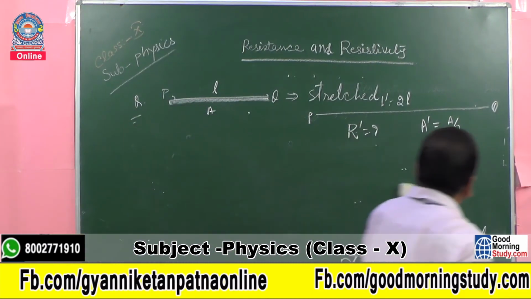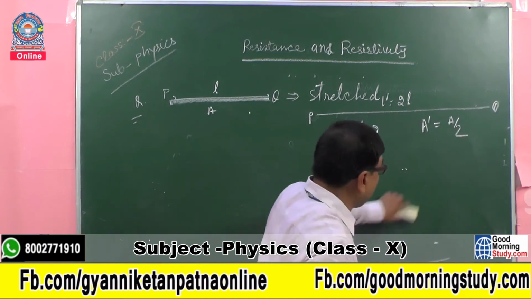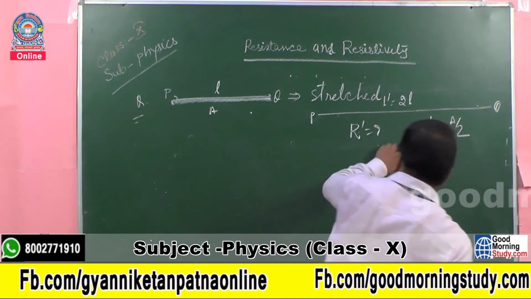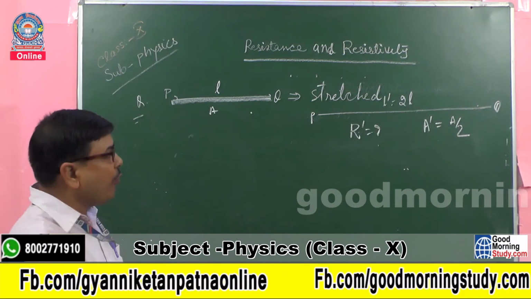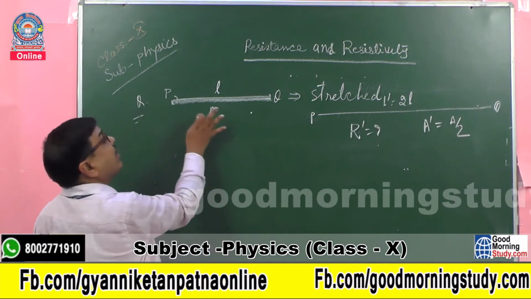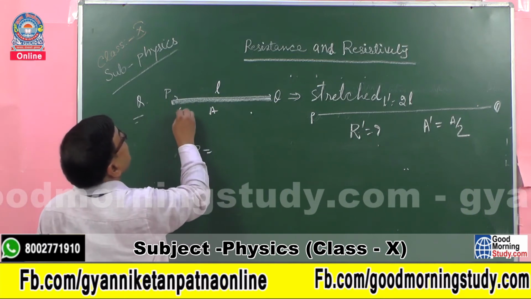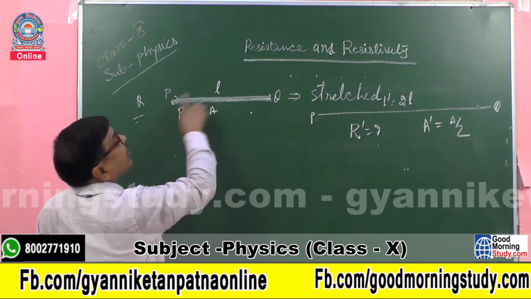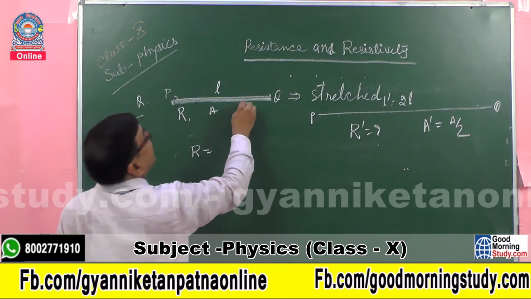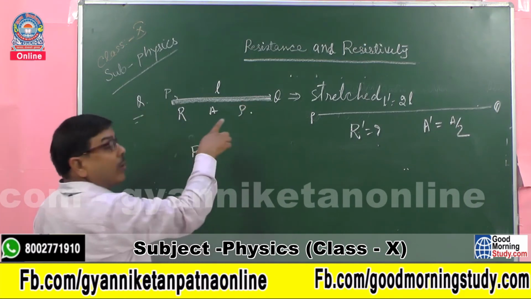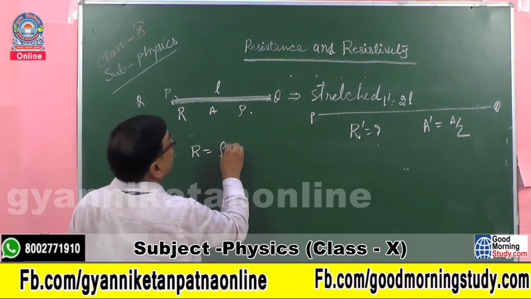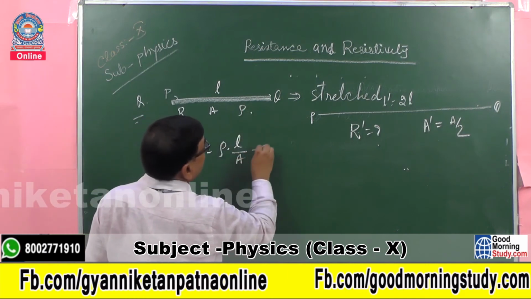The question becomes different here. So I am just going to solve it. You try to see here, what will be the value of that? Here again the same things. Supposing the resistance of this length is R and the specific resistance is rho. So R is rho into L upon A. Same.